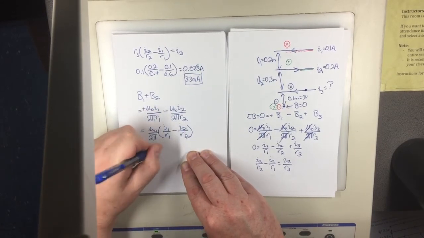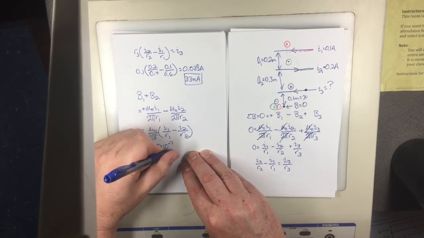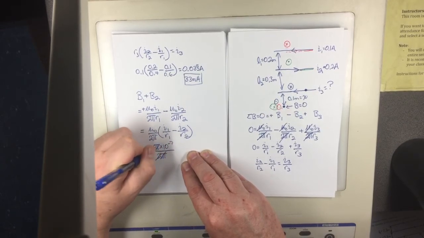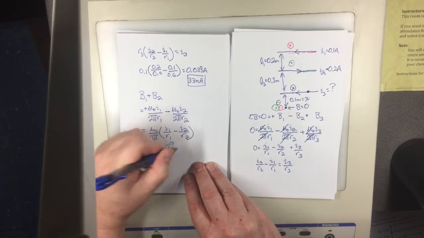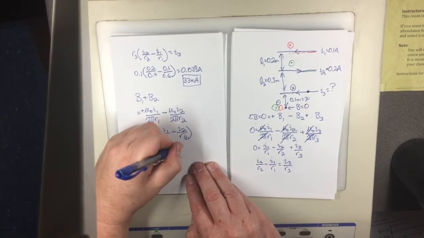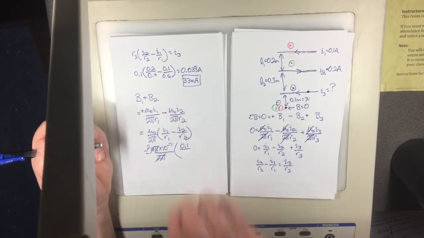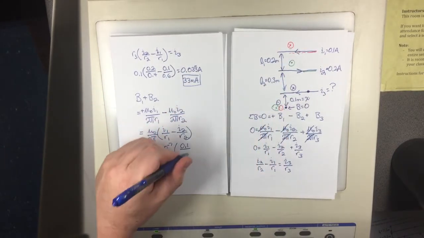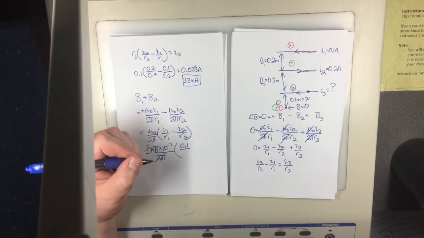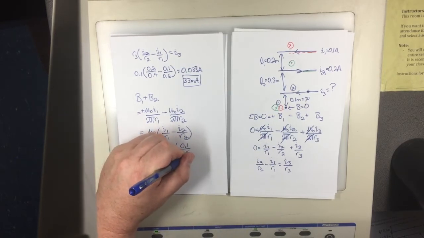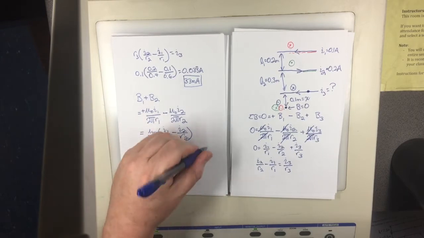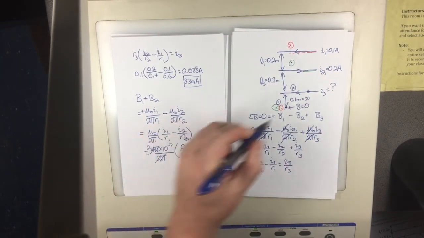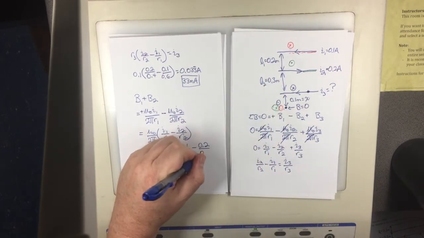4 pi times 10 to the negative 7 over 2 pi, I1 is 0.1, R1 the distance from there to there is 0.5, minus I2 is 0.2 divided by its distance, 0.3.